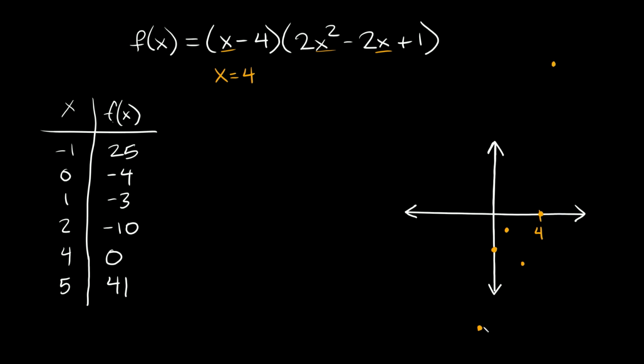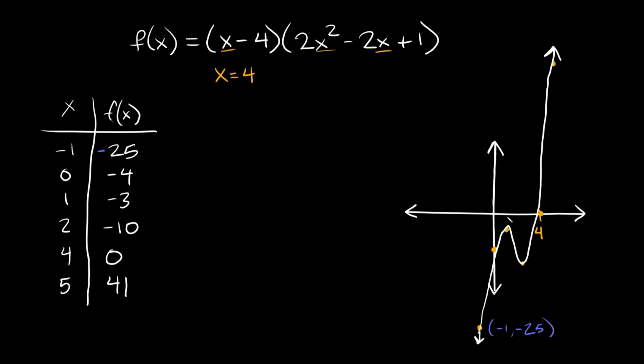So then if we play connect the dots, you can see that it basically graphs somewhat of a cubic function, right? And to avoid some confusion, this 25 should have been a -25, right? So that's why I plotted the point down here at -1, -25, right?